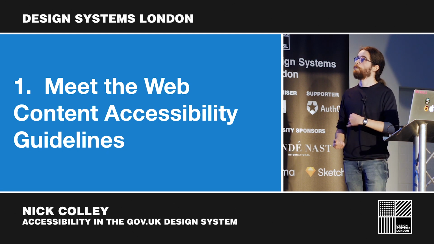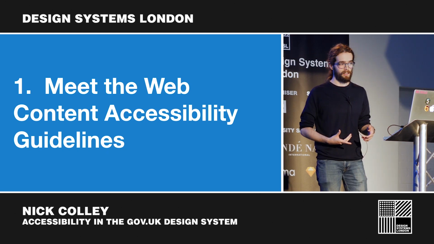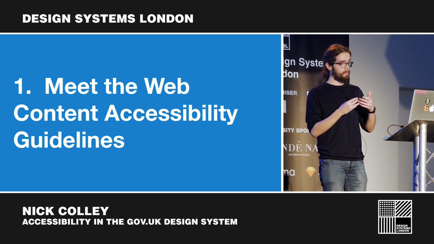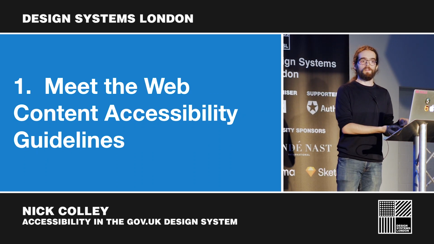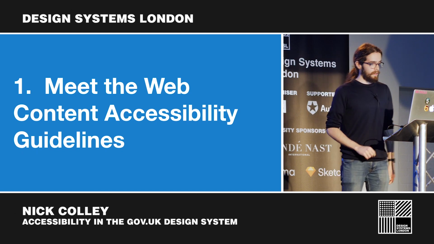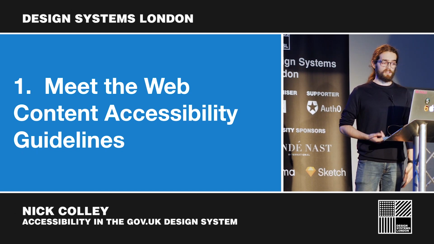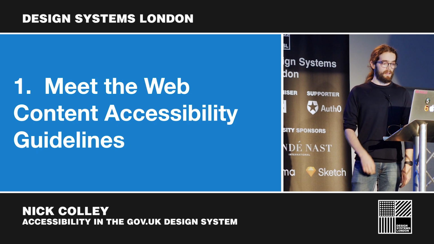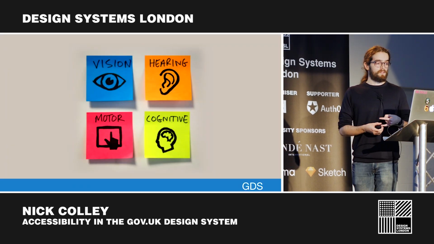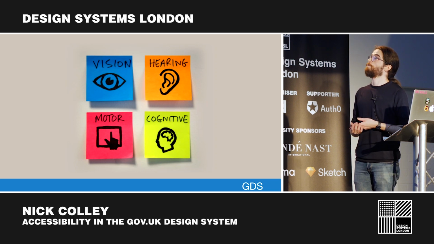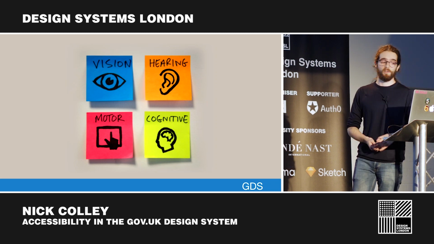If you've not heard of the Web Content Accessibility Guidelines, they're really cool. They're a standardized, recommended set of guidelines that is used all across the industry. And they explain how to make digital services and websites accessible to everyone. They mainly focus on users with impairments to vision, hearing, motor, and cognitive.